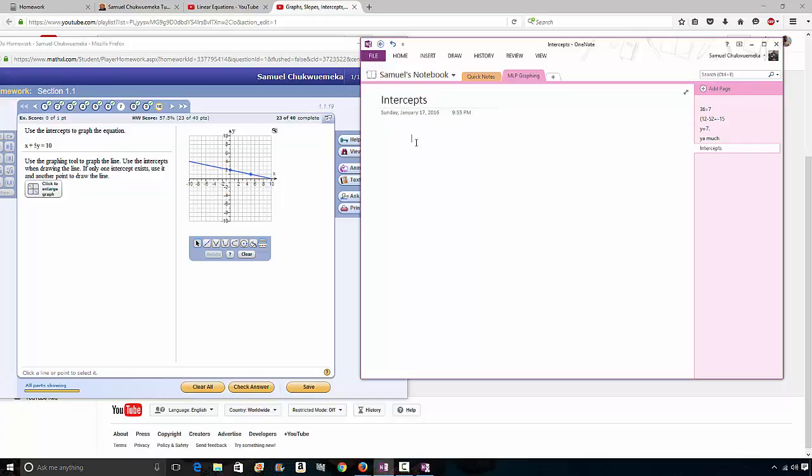So to find the x-intercept, set y to be 0 and then solve for x. Then to find the y-intercept, set x to be 0.